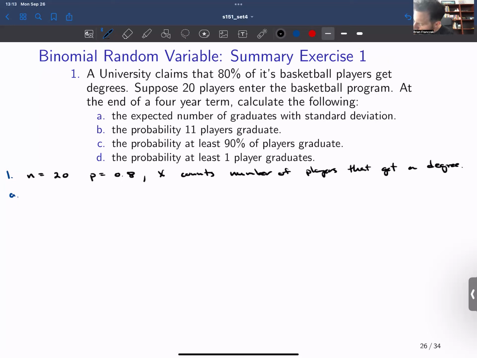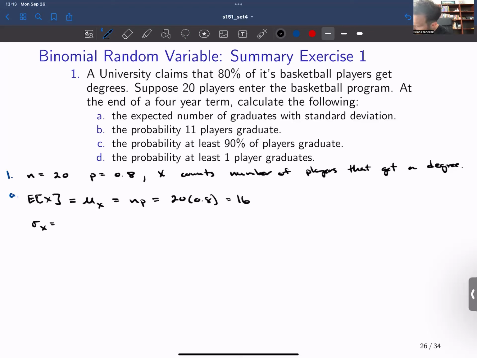So the expected value of X is equal to mu of X. This is equal to N times P, because X is binomial. So that's 20 times 0.8, which is 16.